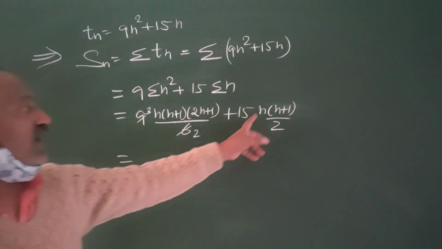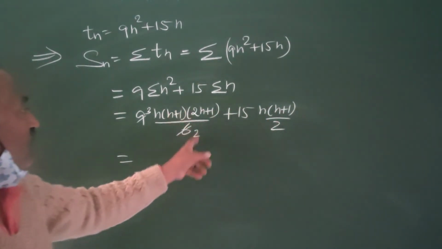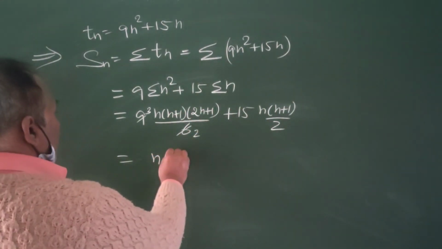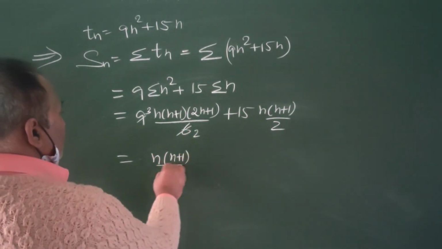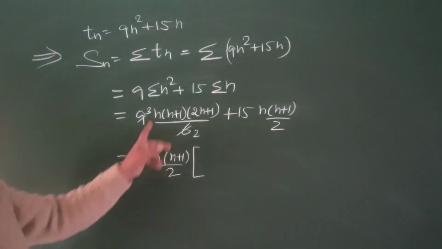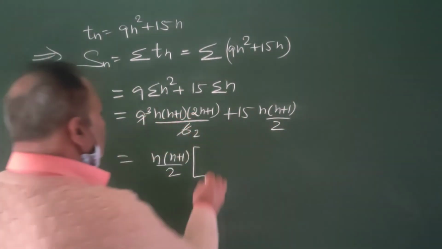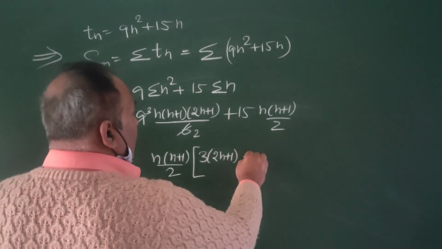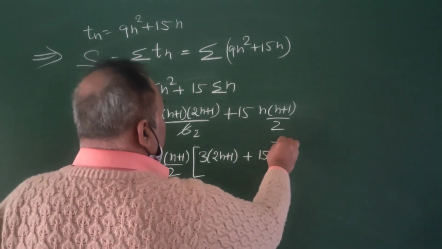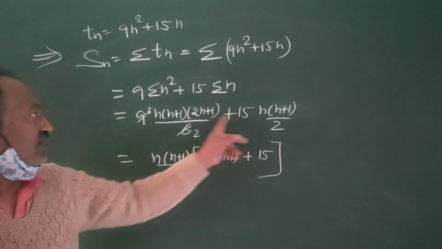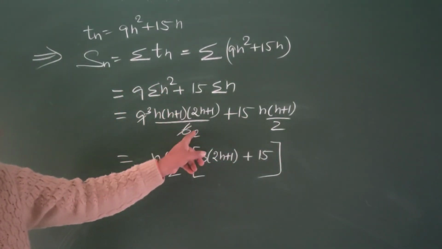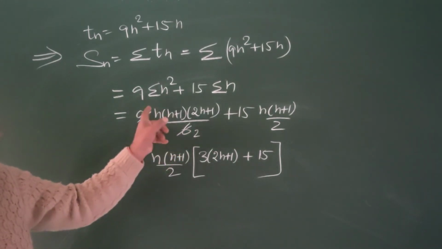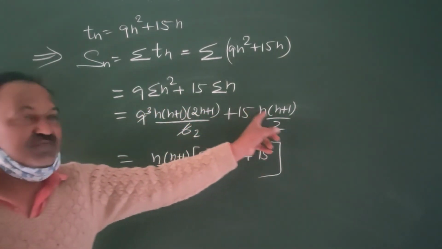And now taking n into n plus 1 upon 2 common from these two, we get 3 into 2n plus 1 plus 15.